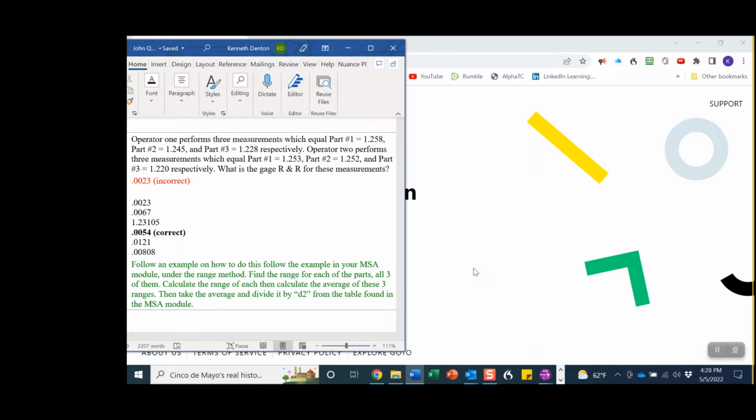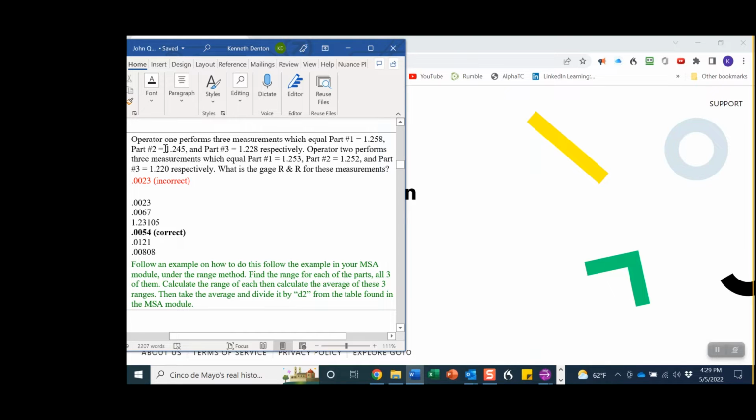Okay. And now let's look at the second part. Let me get this written down right. Okay. So that was part number one. What about part number two? What did operator one measure part number two at?